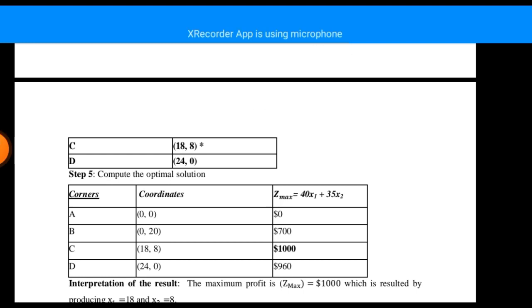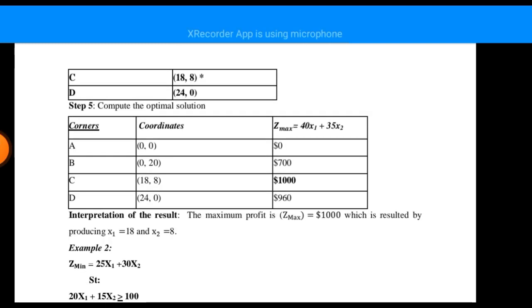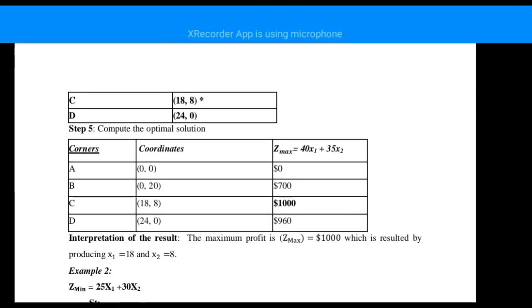So this is how we solve graphical method in maximization.